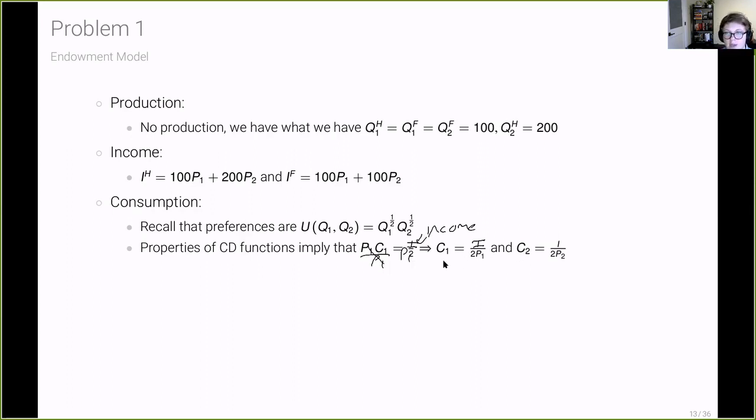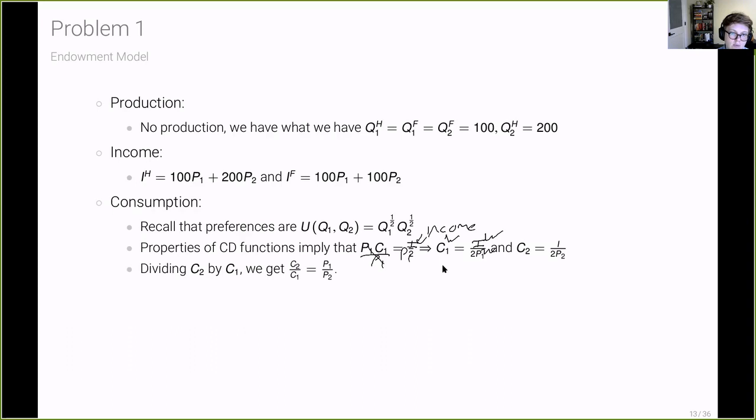That's going to be for both home and foreign, and if we want to think of these as world consumption, we would just replace everything with a superscript W, where instead of a specific country's income, we would think of the world's income and then prices in the world.